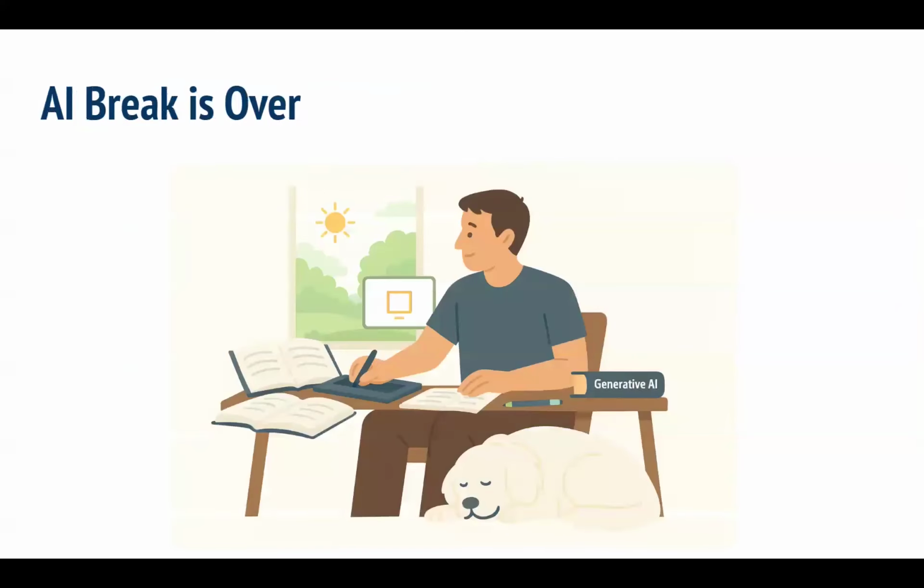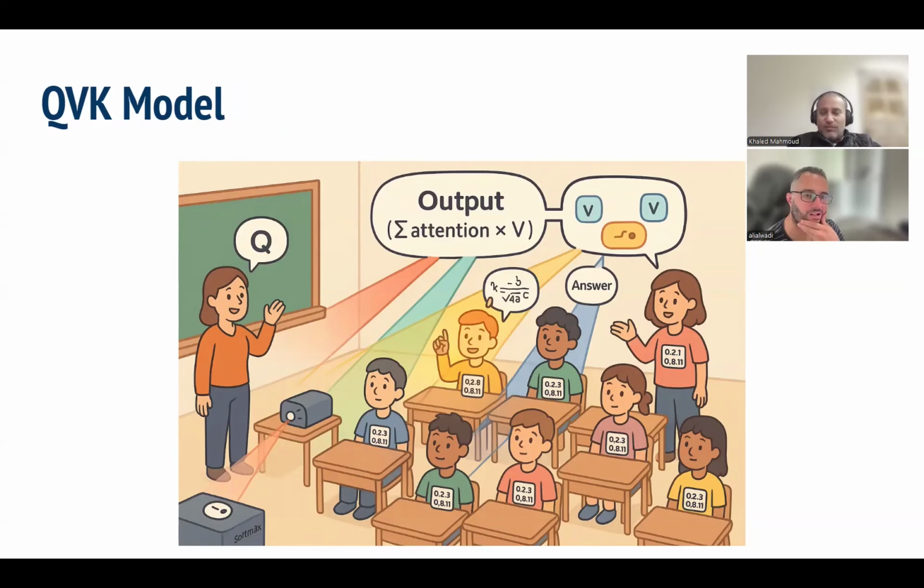Now we will stop here. The break that we said we would take from artificial intelligence and computer science stops here, and we have to go back to study, open the books, open the laptops. So the key model that we just mentioned, how can we represent this mathematically? This relates to what we said earlier.